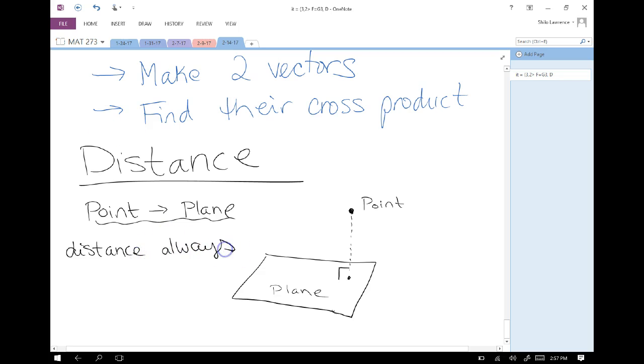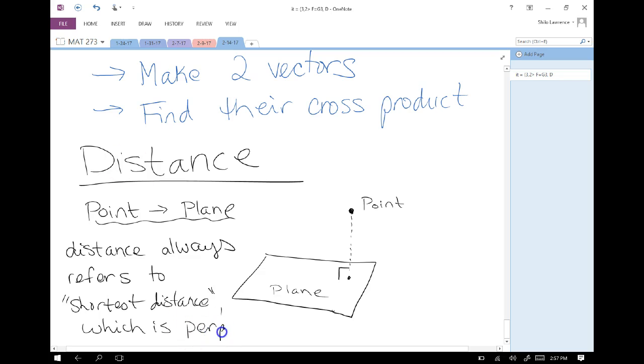So the distance always refers to shortest distance, which is perpendicular. Which is actually going to be really easy to find, because if we know the equation for that plane, then we know the normal vector.